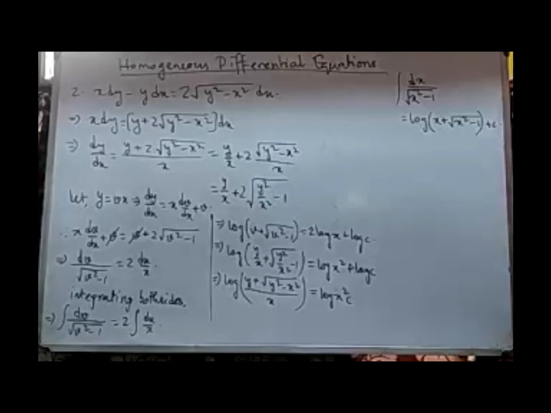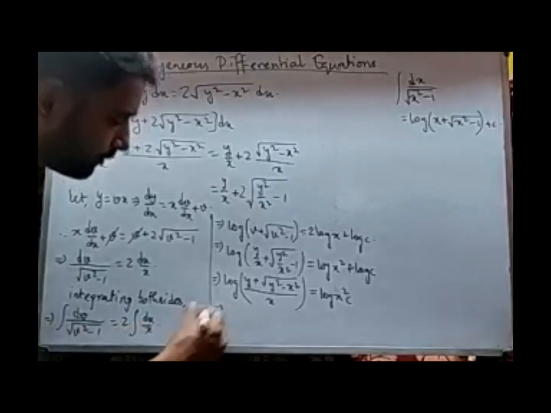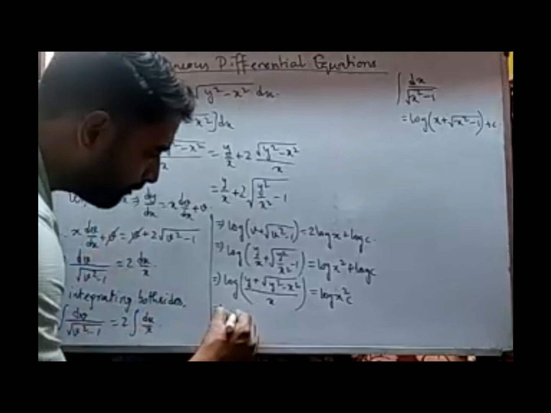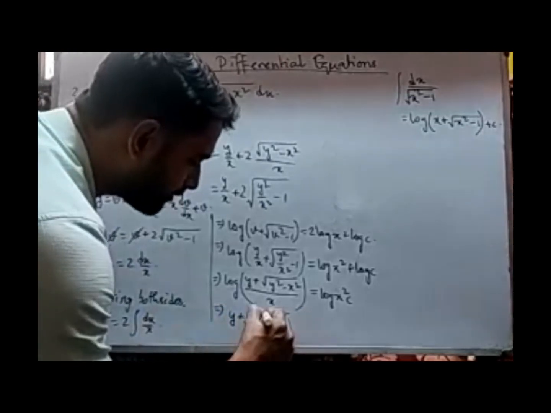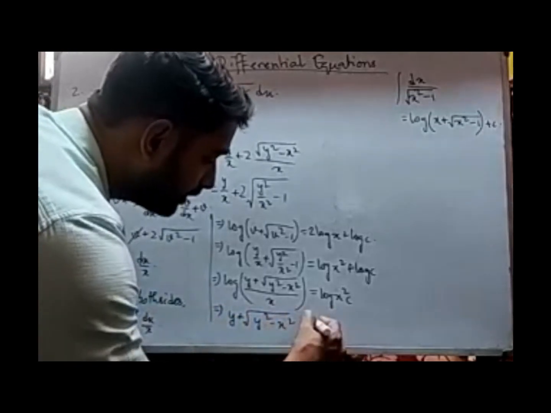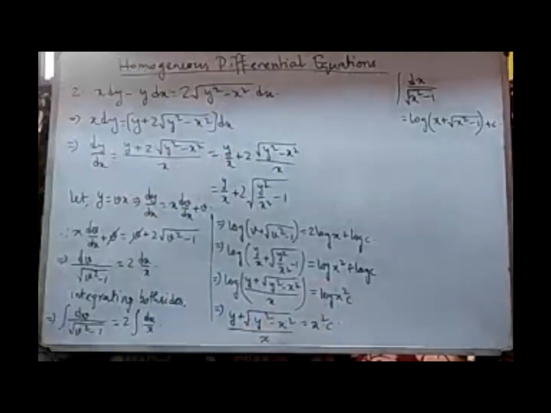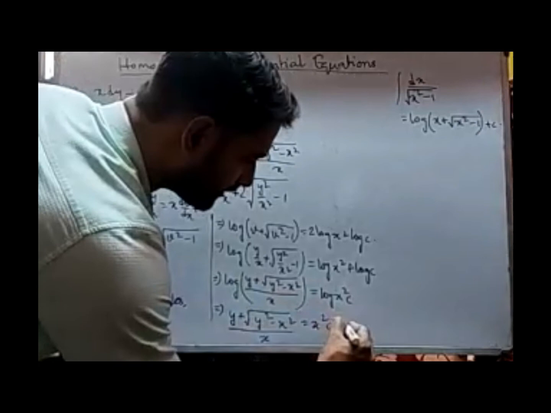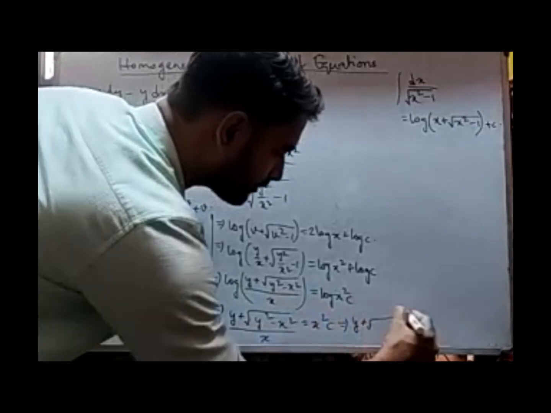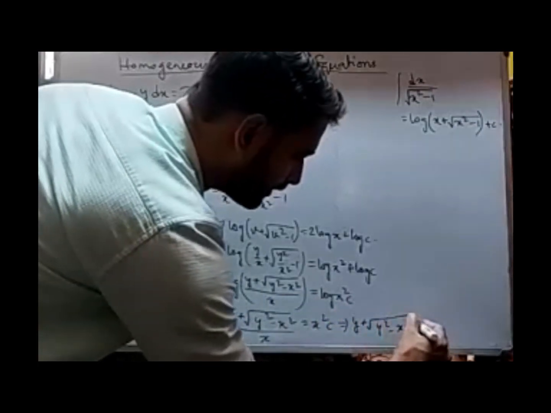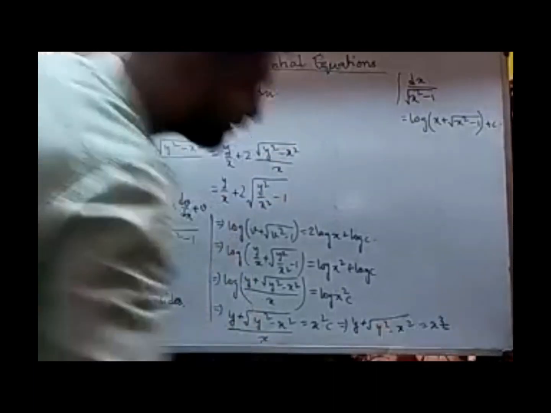And finally, these logs can be removed from both the sides, and it should be y plus root over of y square minus x square divided by x equal to x square c. And then you take that x on the right hand side, so y plus square root of y square minus x square equal to x cube into c.